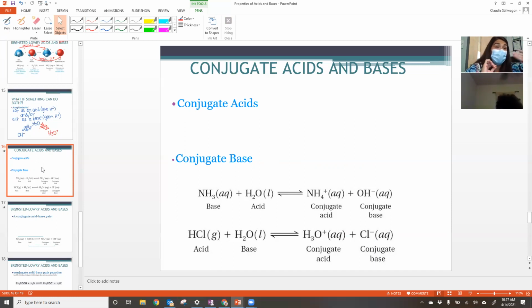Your conjugate base is the product formed when an acid loses a hydrogen ion, or gives off, donates, whatever.